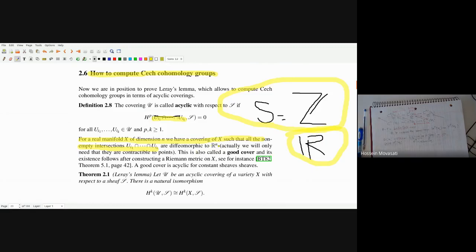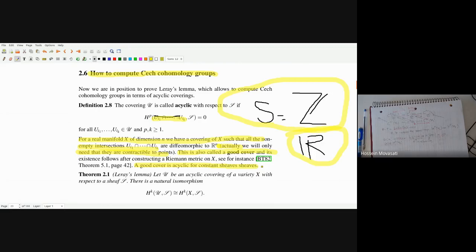Actually, we will need that all these intersections are contractible to points. We also call this a good cover, and it turns out that a good cover is acyclic for constant sheaves.